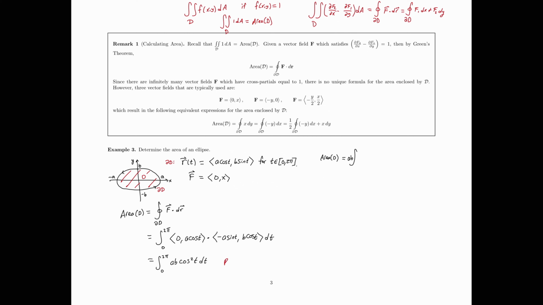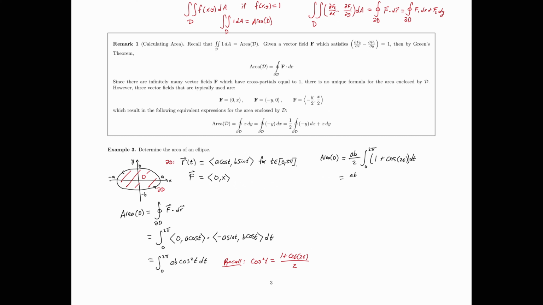Recall that cosine squared t is 1 plus cosine of 2t over 2. So I'm going to take the constants a and b and the 1/2 out front, because we're going to replace this cosine squared with this. So this is ab over 2 integral 0 to 2 pi of 1 plus cosine of 2t dt.